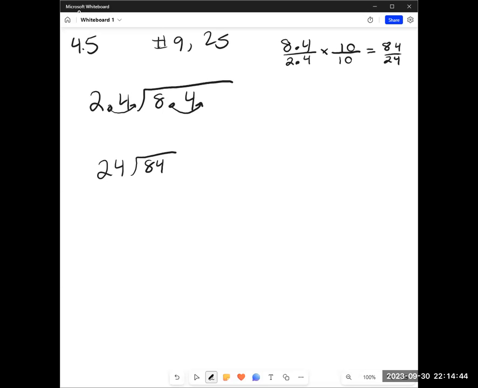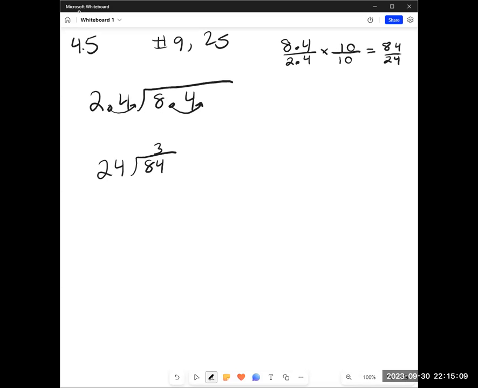24 goes into 84. Not sure, but I'm going to estimate it with 80 divided by 20 is 4 and see if I'm right. 4 times 4 is 16, and then 4 times 2 is 8, plus 1 is 9. 96 is too big, so my estimate was too big.